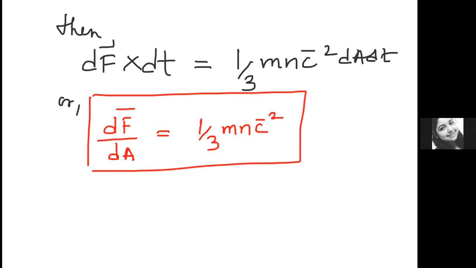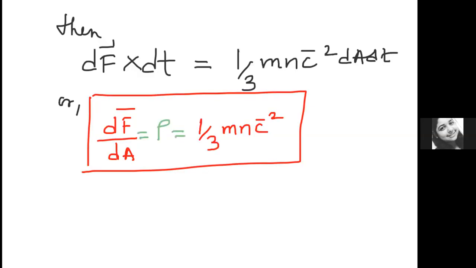Now what is this actually? This dF by dA, that means force per unit area, what you get is pressure. So I just rub this part and I can write this is equal to P, which is equal to this.